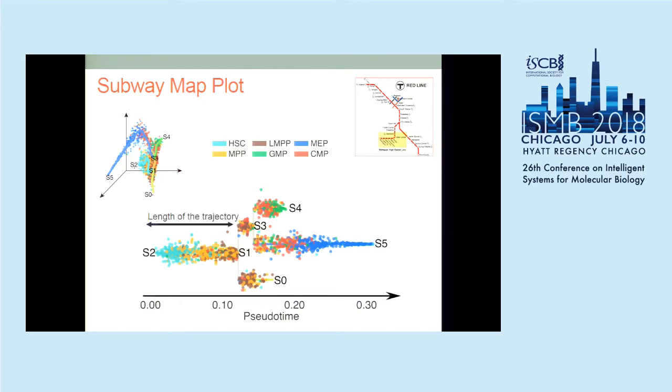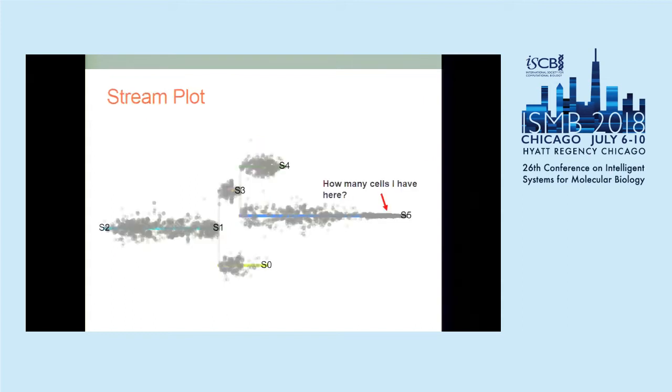So similarly, here we keep the length of the trajectory from the original space, and also we keep the cells' distance from the trajectories. Then the subway map can clearly show how HSC cells would differentiate into different cell types. The subway map is clear and intuitive, but it's not good enough because when it comes to a large data set, many cells may overlap with each other.